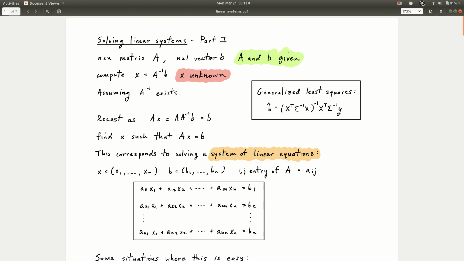So the problem becomes: find x such that A times x equals b. Why is it allowed to multiply on the left by A without changing the problem? Generally this is not allowed unless A is a square non-singular matrix. Because of that, we haven't changed the problem at all by rewriting it as A times x equals b.